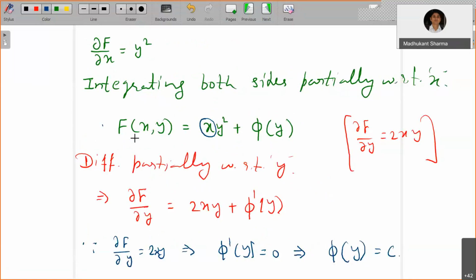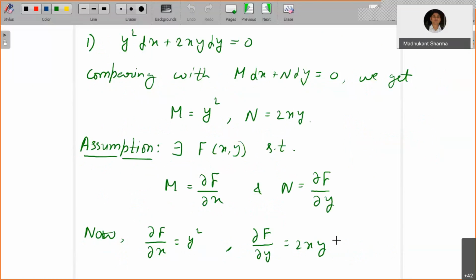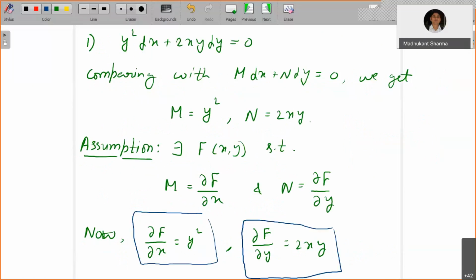Since we have already in hand that ∂F/∂y, when you are making the assumption that there exists F such that this and this happens, it says that ∂F/∂y must equal 2xy if this assumption is true. Okay, and ∂F/∂x is y square. Yes. Okay, sir.